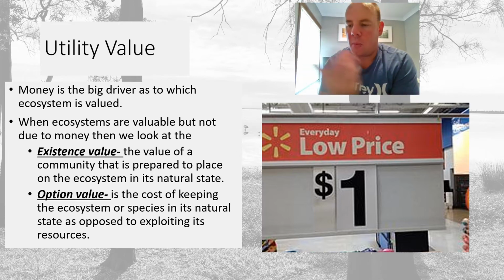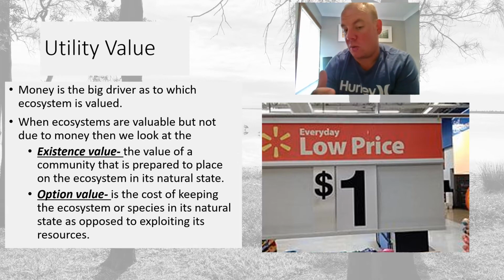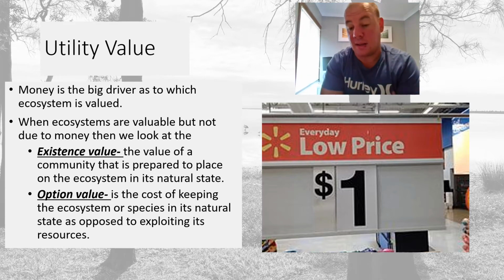So what am I talking about there? What I really mean is that a community that lives around an ecosystem, and I'm talking about a community of people, they value that ecosystem so much in its natural state, before it's mined or anything like that, before we can take, we put that value high. So that's what we mean by that.